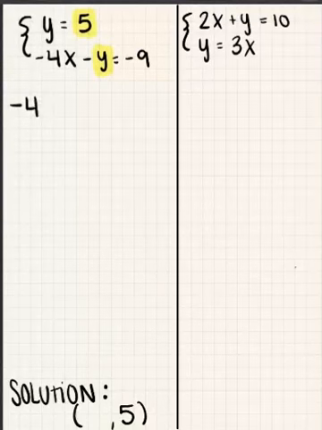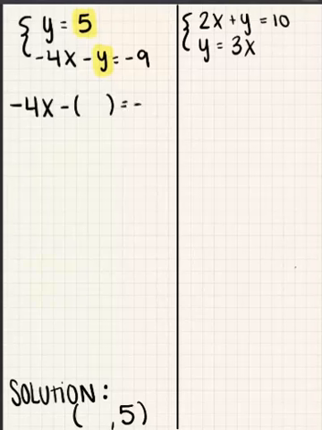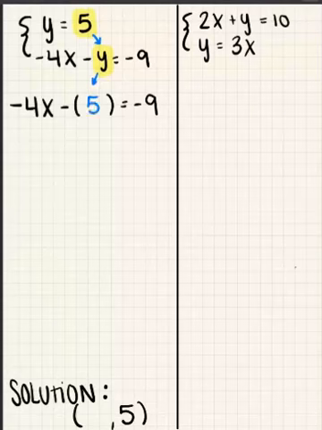So my equation is negative 4x minus whatever y is. I'm going to leave an empty parentheses here, equals negative 9. And we know that it just told us that y equals 5.